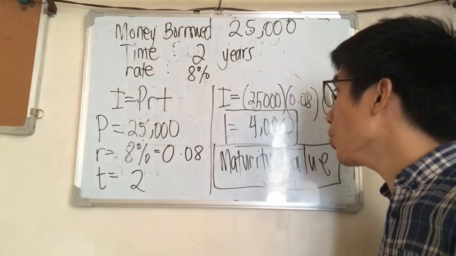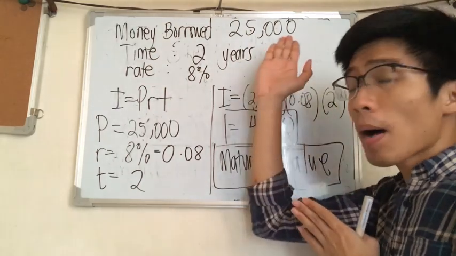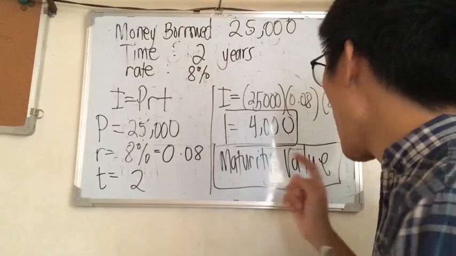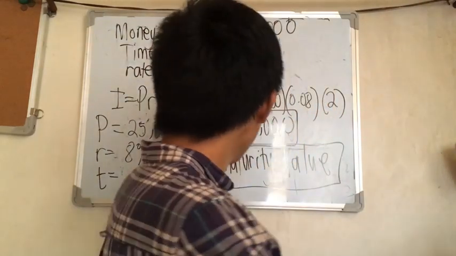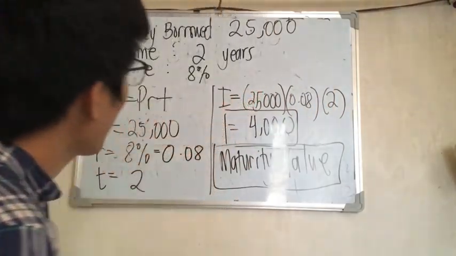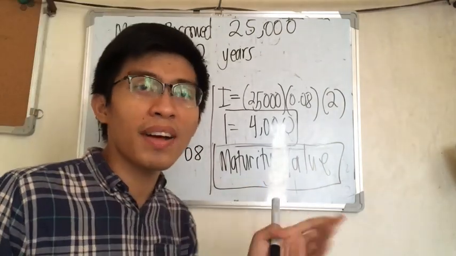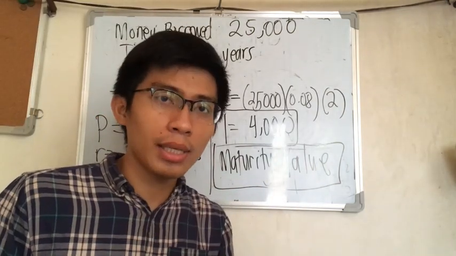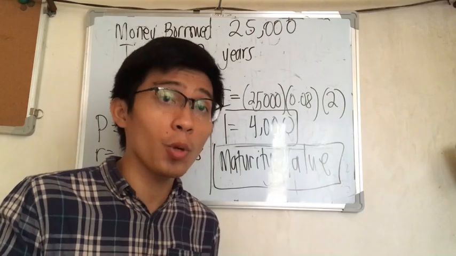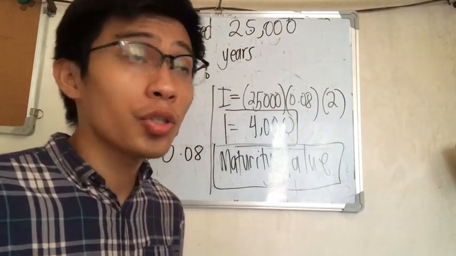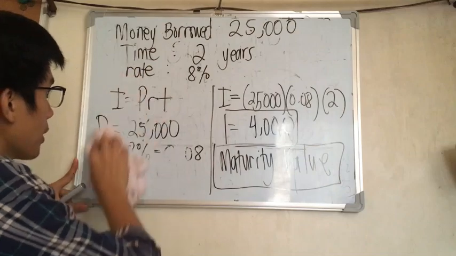That is added to your principal amount. So how are we going to find the maturity value? Again, what is maturity value? That is the total amount that you have to pay at the end of 2 years. Okay, let me erase this part for you.